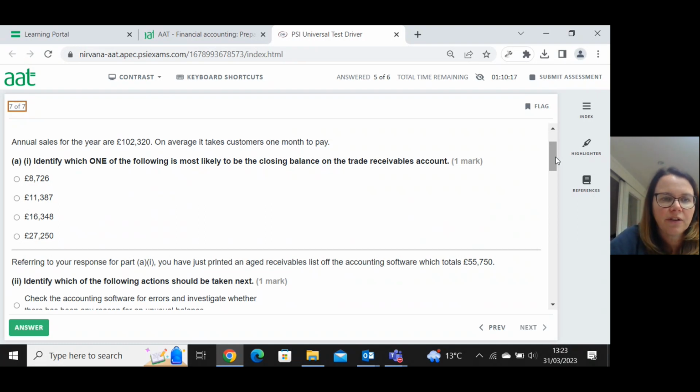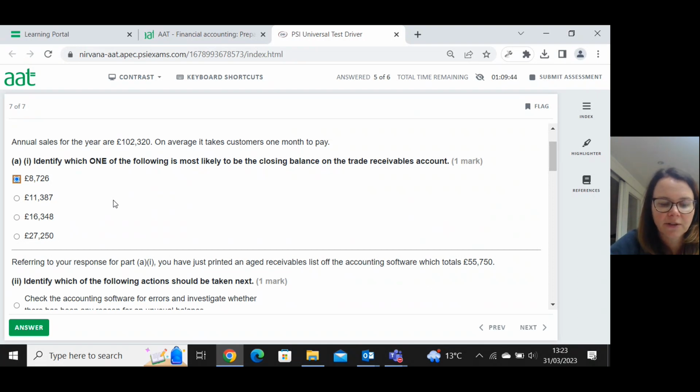Right, so if the sales are 102,320 and it takes them 1 month to pay, and that's for the 12 months, if I divide that by 12, I get 8,526. So that's the closest, but if we fine tune it slightly, remember annual sales is the net sales figure, whereas trade receivables will be the total.